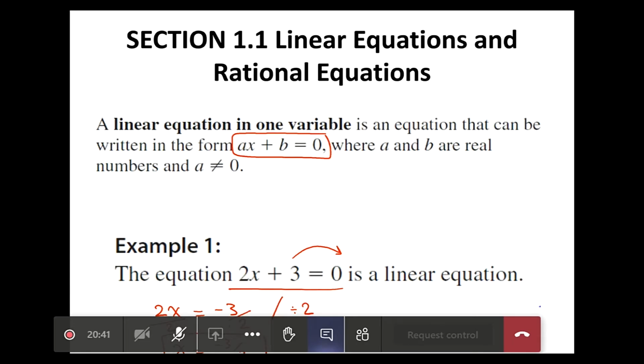To check whether this is correct or not, we can substitute the value of x in the equation. We have 2x plus 3, with x equal minus 3 over 2, plus 3. Cancel 2 with 2, so we have minus 3 plus 3, and this equals 0, and the right hand side also equals 0. This is just if you need to check your answer.